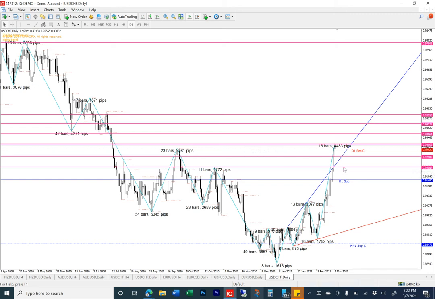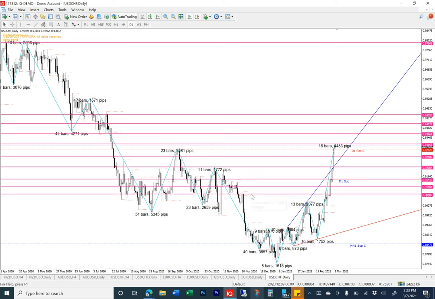If price breaks below the 0.92084 and the candle body holds, then we can expect it to come down to daily support of 0.91510, 0.91181, 0.90809.